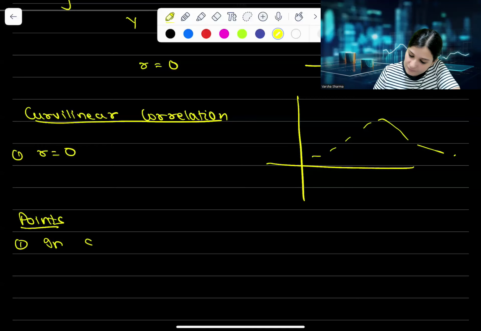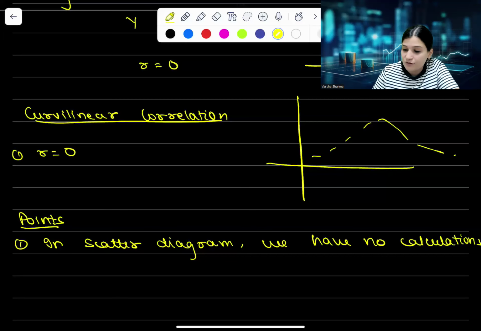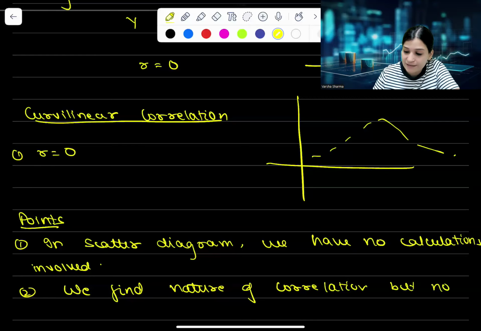So points in scatter diagram, we have no calculations involved. We find the nature of correlation, positive or negative, but not the extent.